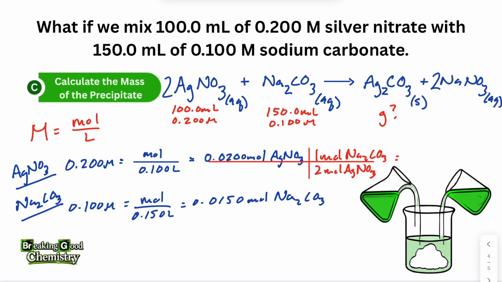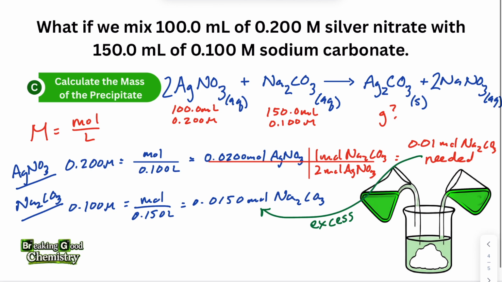So if I cut that in half, what it basically tells me is that I need 0.1 moles of the Na2CO3 needed. And if I take a look, needed versus this, I have more than I need. So the sodium carbonate is in excess. Once that's in excess, that means that the other item is the limiting reactant. So this is my limiting reactant, the silver nitrate.